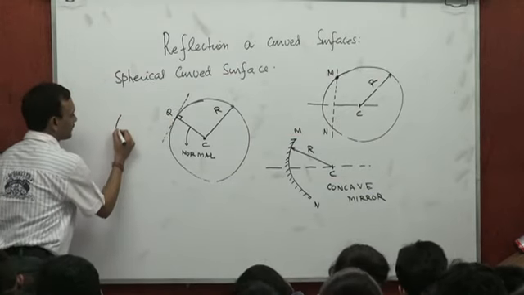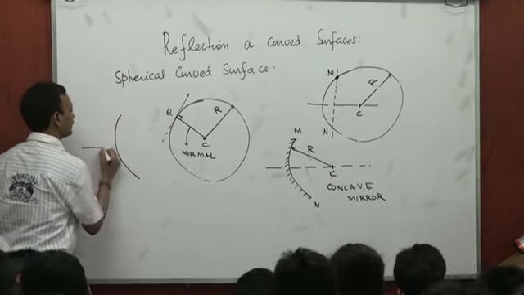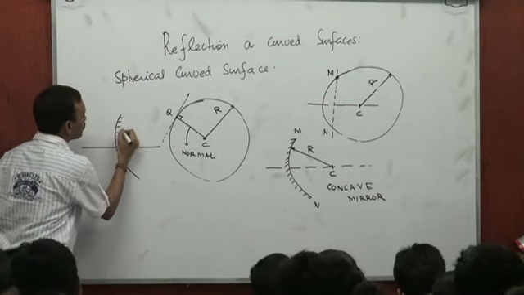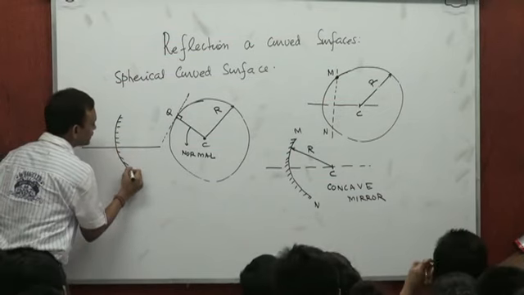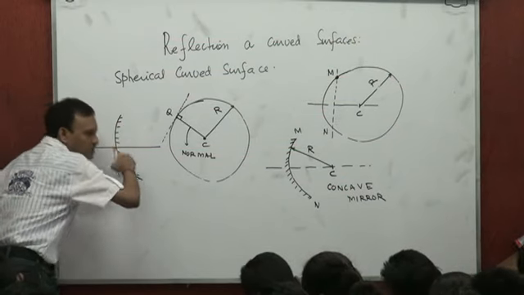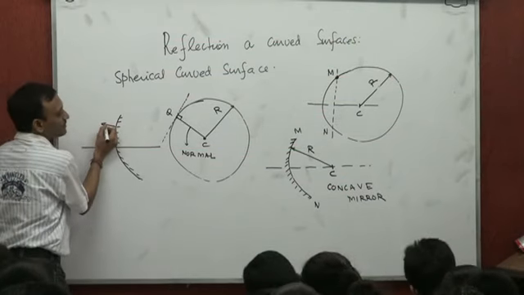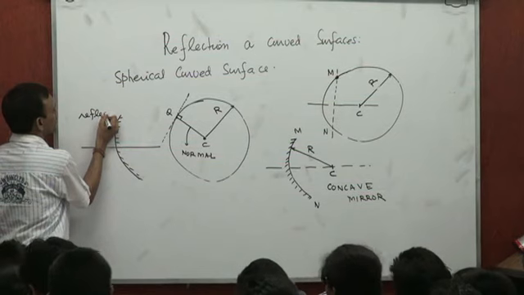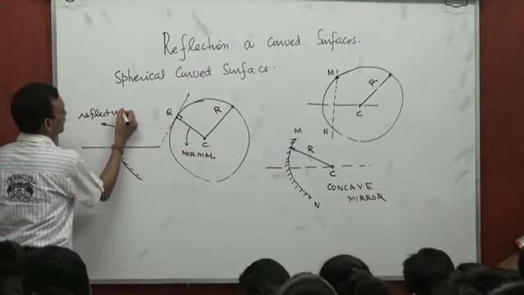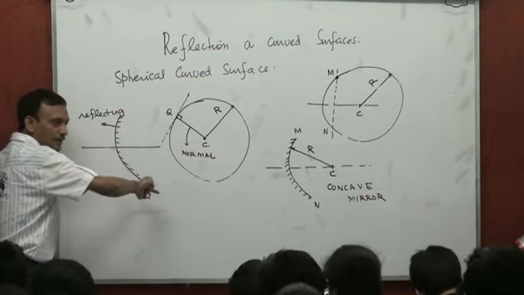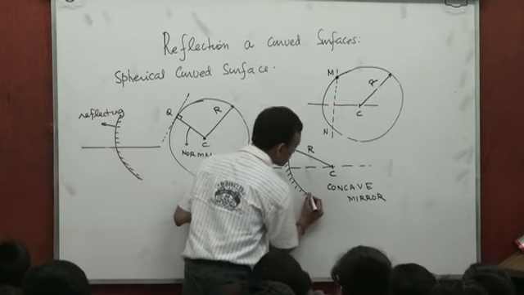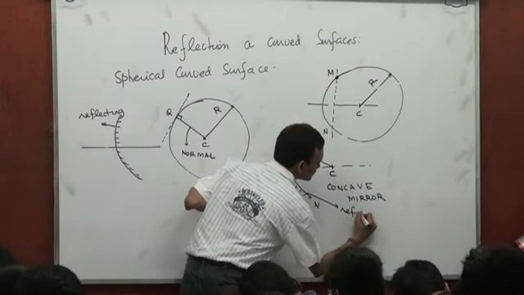However, if you silver the inside portion, then the bulging portion is the reflecting surface. In this case, the bulge is the reflector.